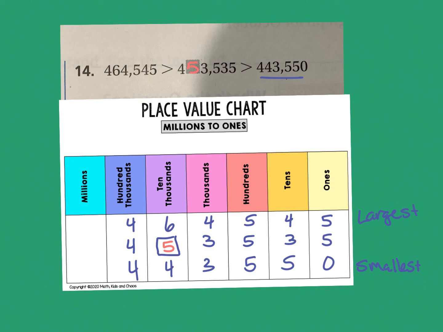So that would be the missing number that goes there, saying 464,545 is the largest, 453,535 is the next largest, and 443,550. Or we could say 453,535 is smaller than 464,545, but bigger than 443,550. So that's all they were asking for on that.